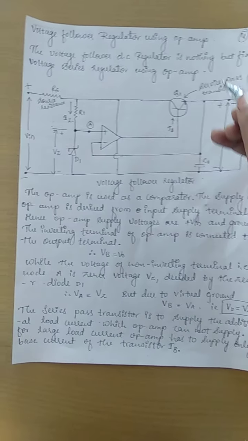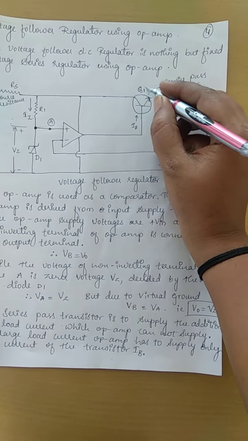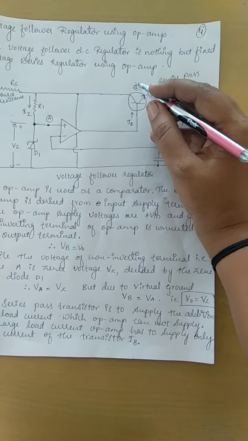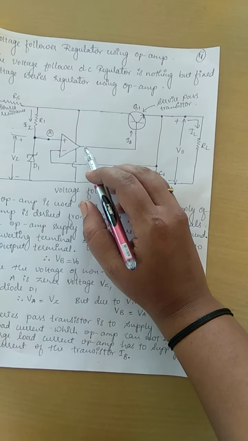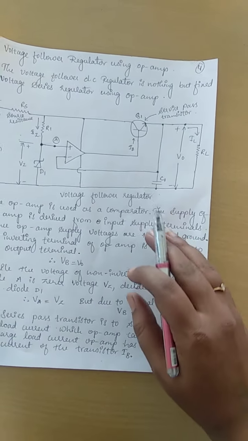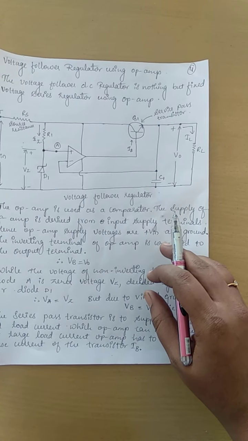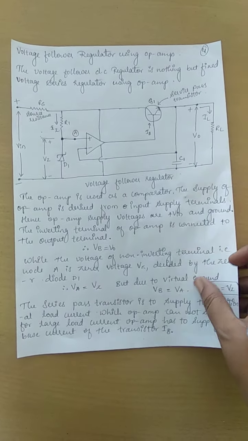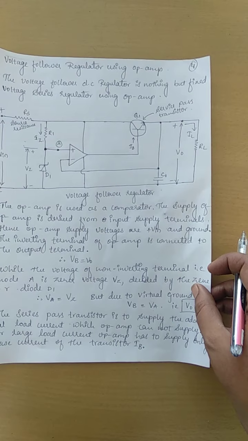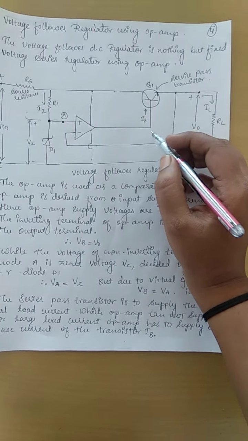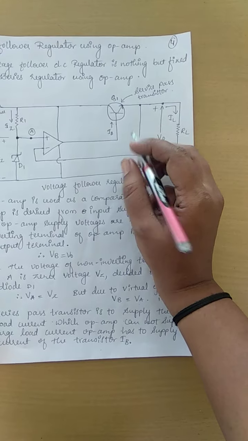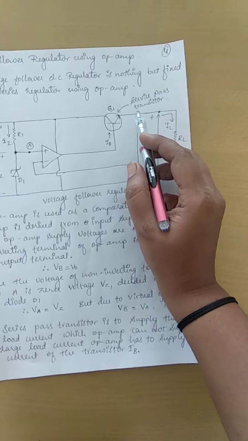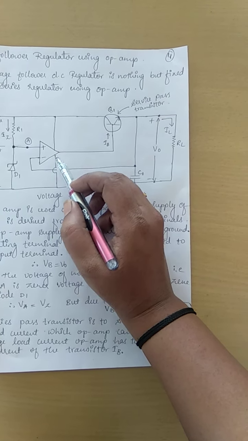Q1 is the series pass transistor, which will supply the additional load that the op-amp cannot supply. So the op-amp has to supply only the base current of the transistor, that is IB. Next, if the load current is less than 25 milliamperes, then the series transistor Q1 does not play any role and the op-amp behaves as a voltage follower.